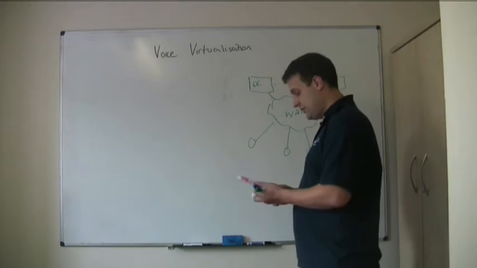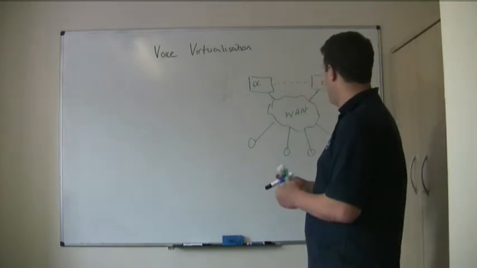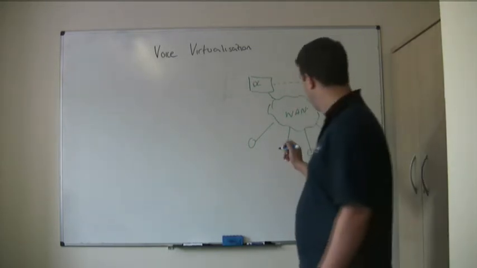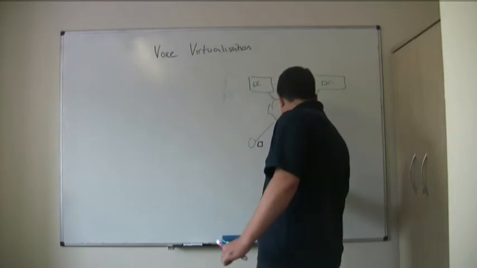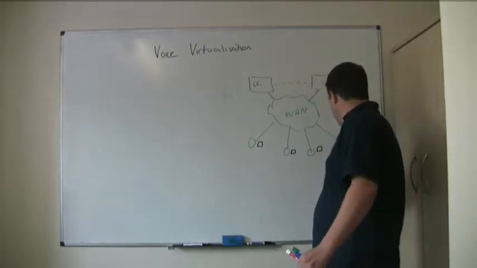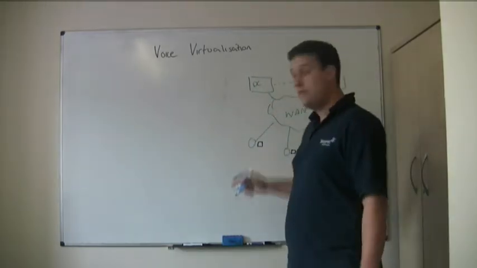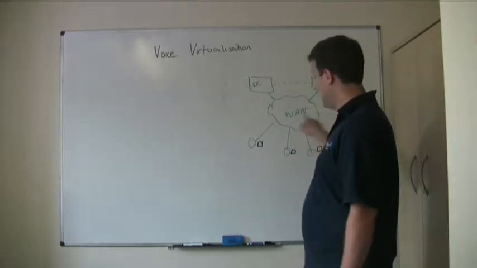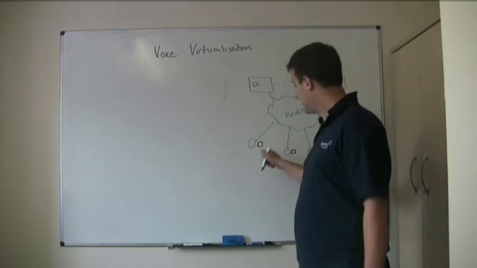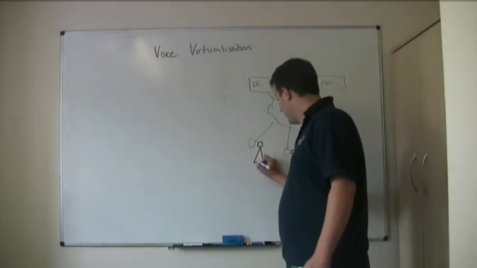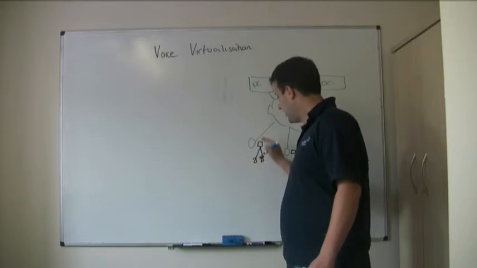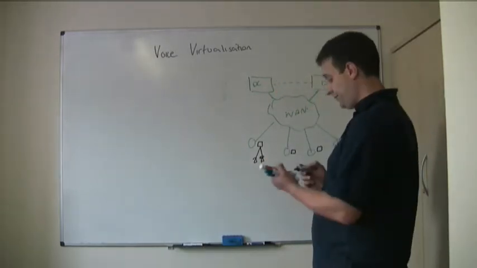Now, typically, each of these organisations will have a PBX that's running down here, which will serve the local site. They may be trunked by SIP or something together, but essentially the handsets are talking directly to the local telephone system.